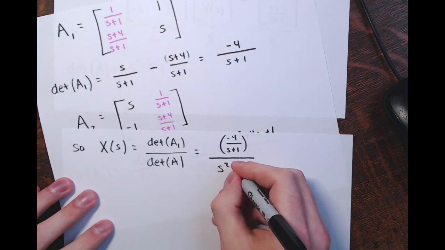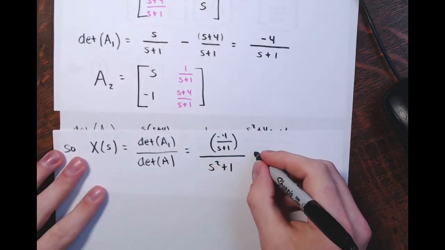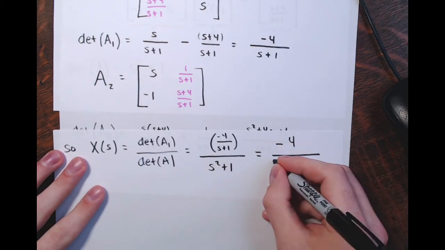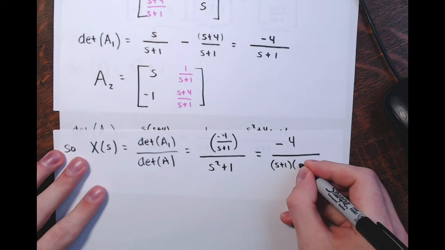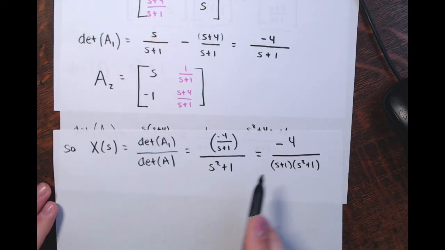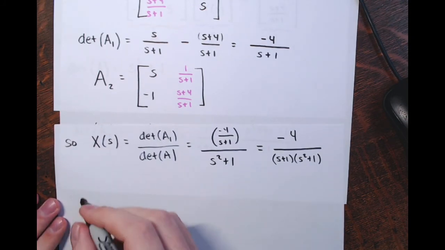Divided by s squared plus 1, that's just going to put s squared plus 1 in the denominator with s plus 1. So this is negative 4 over s plus 1 times s squared plus 1. So there's the expression for x of s that I need. And we'll verify this in a minute.